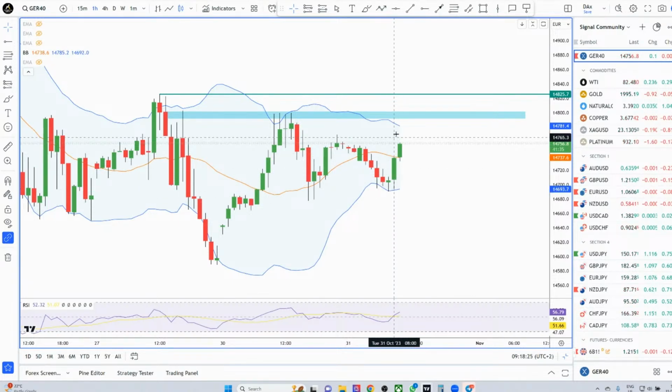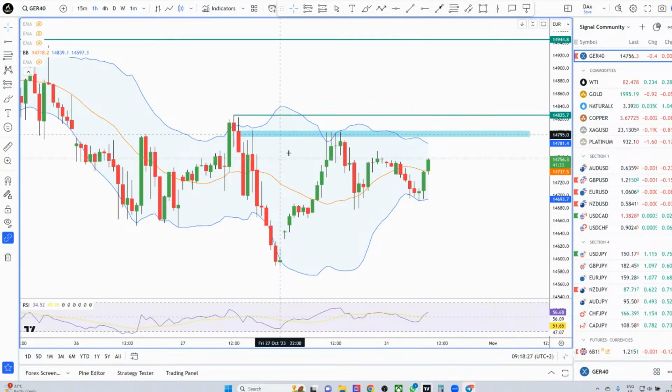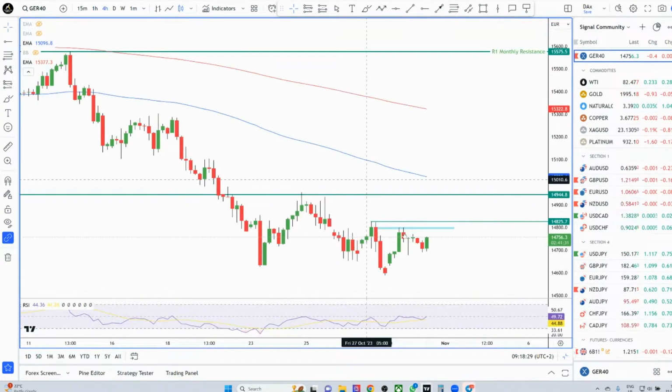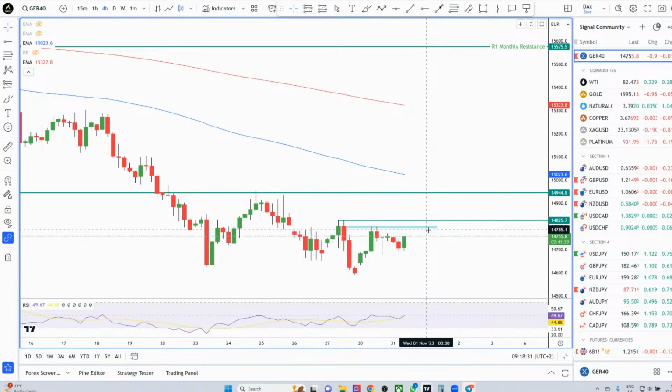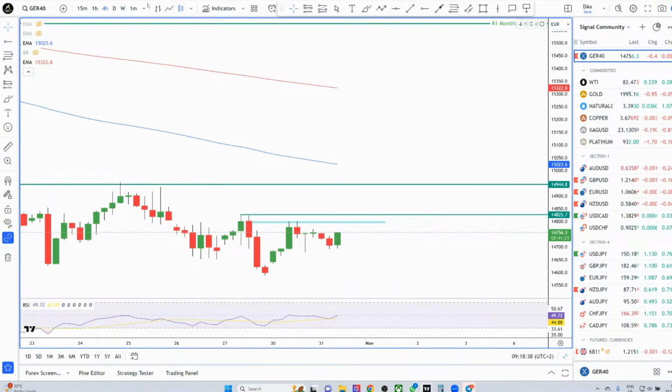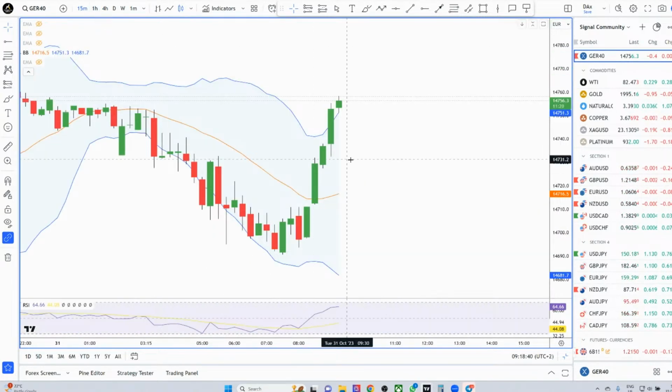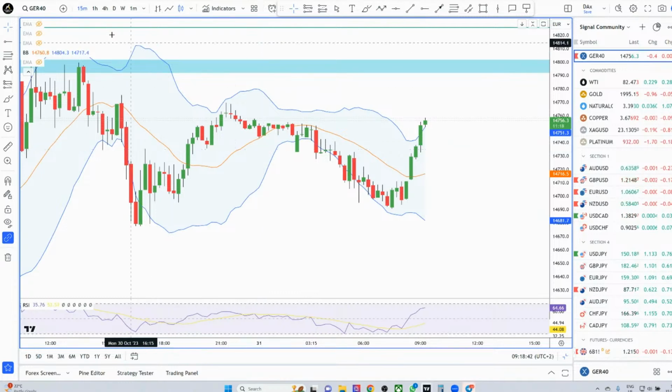I didn't get involved yet in the trade, but I will be looking for some maybe bullishness for this morning. Price approaches this area of resistance, and it might react. But again, we're going to monitor the price action and see what happens.